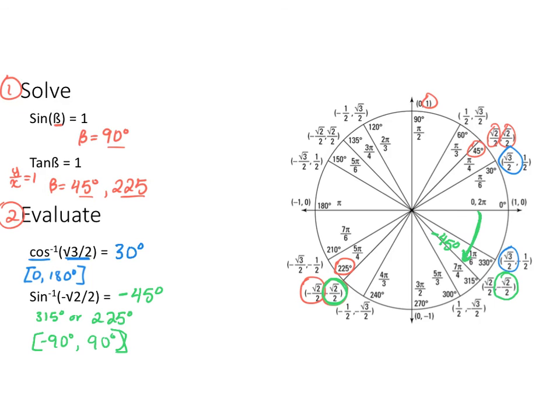Notice here, for both of these, we only have one answer. Negative 45 degrees is the only answer for the sine inverse of negative square root 2 over 2. And 30 degrees is the only answer for cosine inverse of square root 3 over 2. There can only be one answer for a sine inverse or cosine inverse problem, so that this will remain a function.